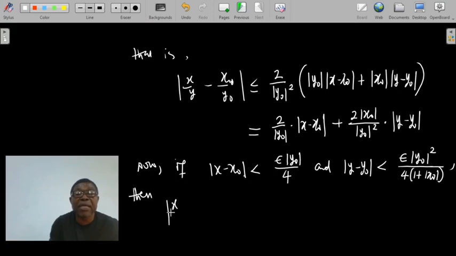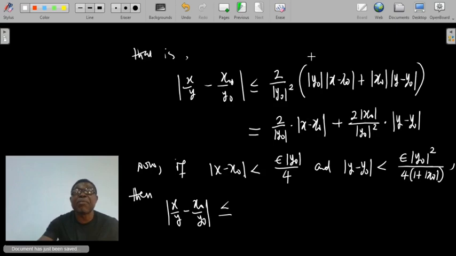Absolute value of x over y minus x naught over y naught will be less than or equal to, sorry please, this particular inequality is actually strict, but it doesn't destroy anything because we'll still get a strict inequality. Let me correct it now that I see it. So that would be less than this, really less than that.